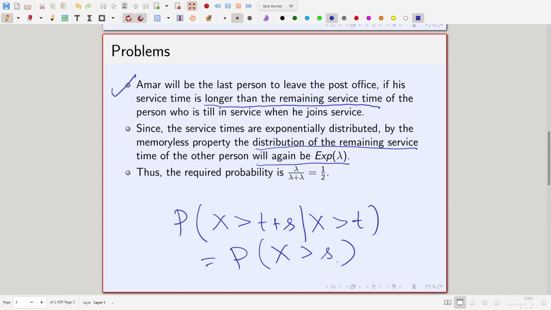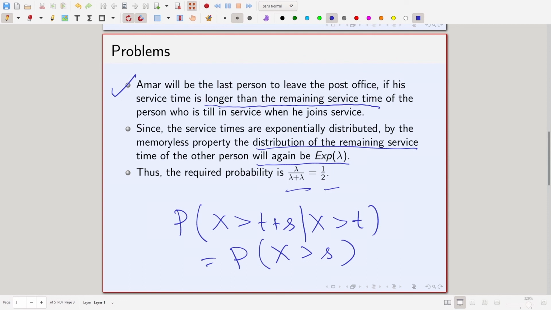There are these two exponential random variables, one the service time of Mr. Amar and the other the service time of the other person who is in service. You already know that if you are given two exponentials, the probability that one will be the minimum is the parameter of that divided by the sum of the parameters, but here everything is lambda, so the required probability is lambda over lambda plus lambda, which is equal to half.